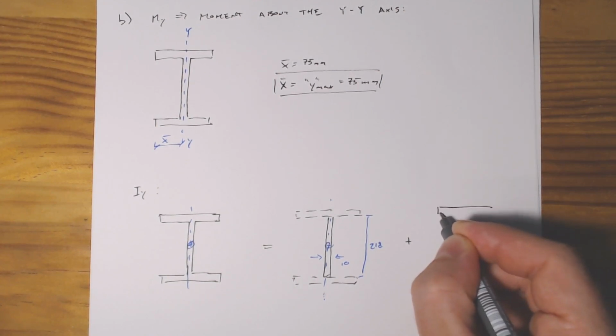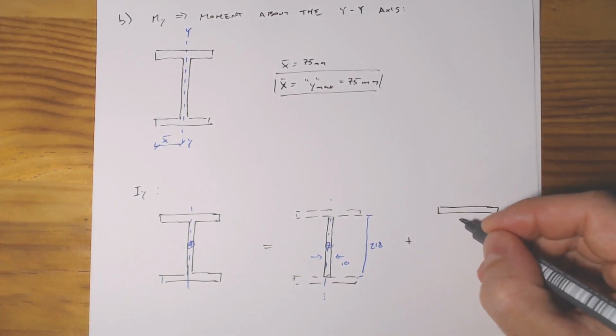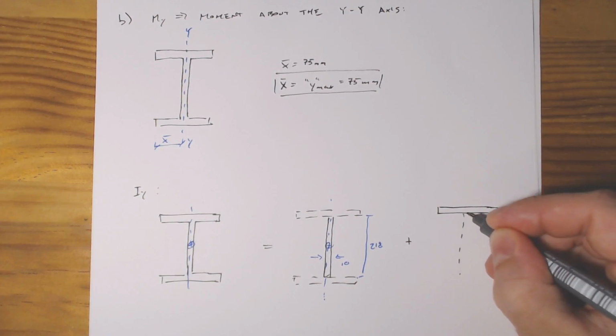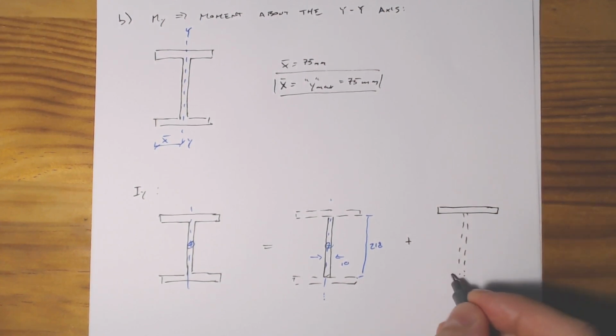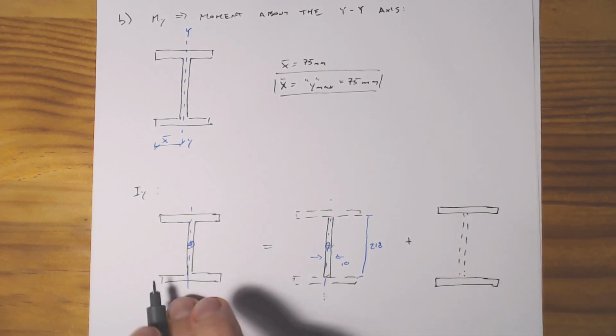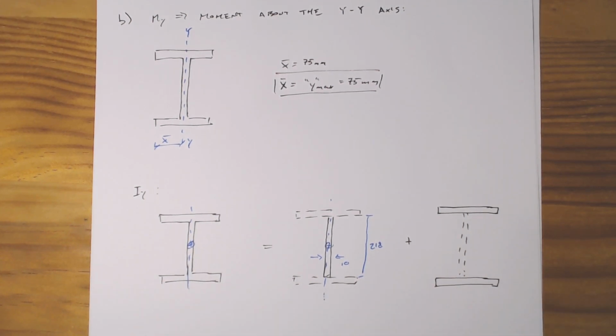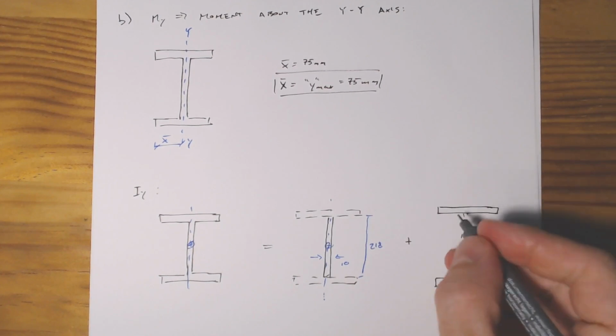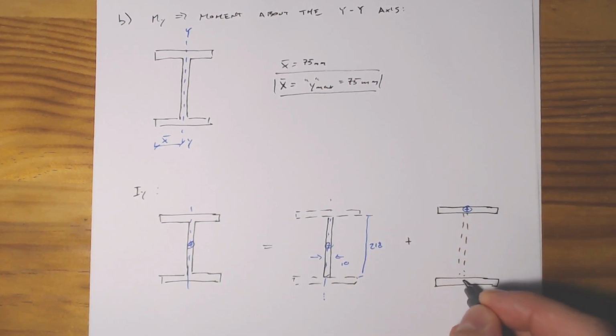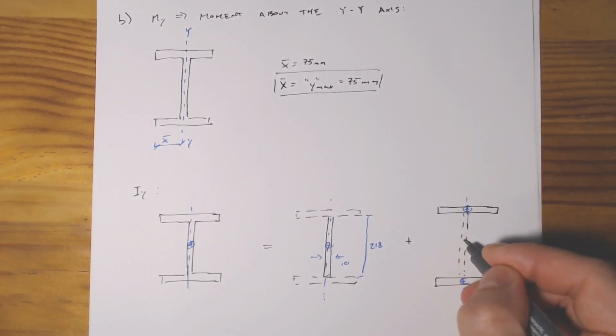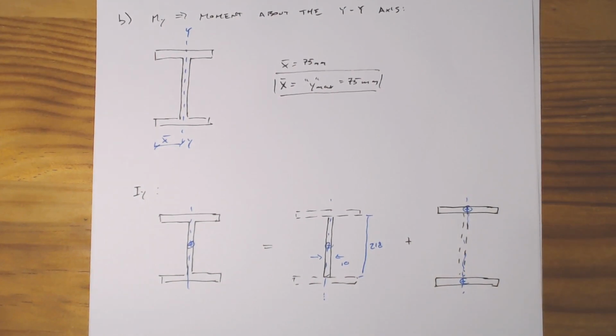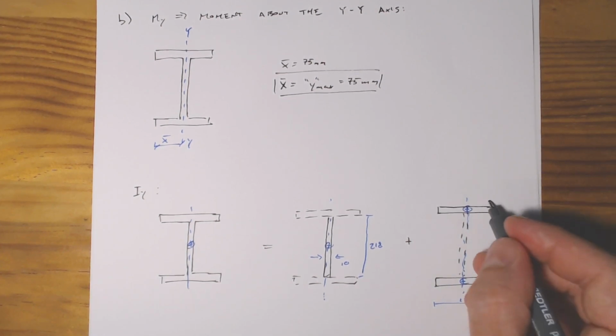Because each of these elements has its own centroid aligned with the centroid of the entire element about the y direction, our parallel axis theorem means that d squared term just goes to 0. So that's always handy. And again, some dimensions here: we have 150 and 16.